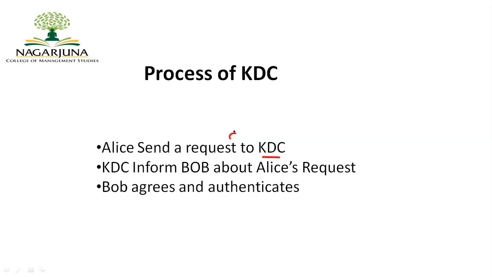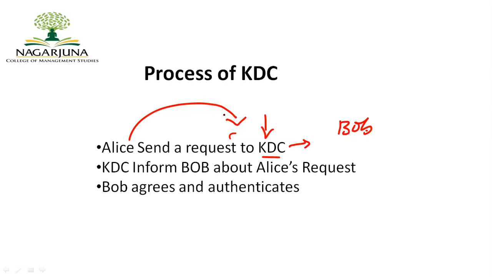So Alice requests the KDC and wants to share a secret key with Bob. Alice authenticates herself and sends a request to the KDC, indicating that she is a valid user who would like to send a message to Bob by sharing her secret key as well.